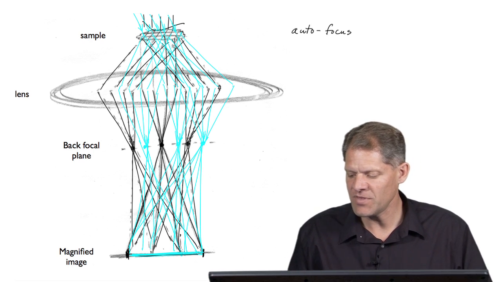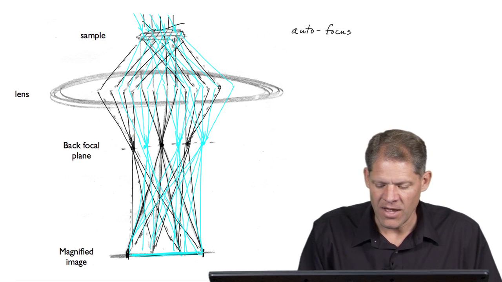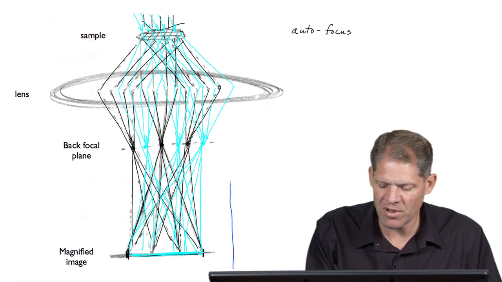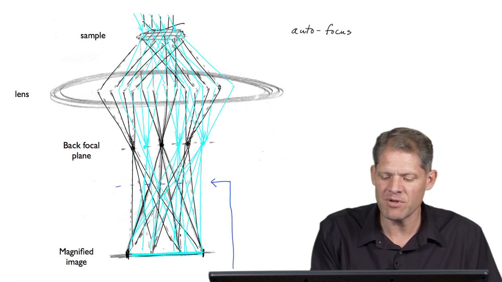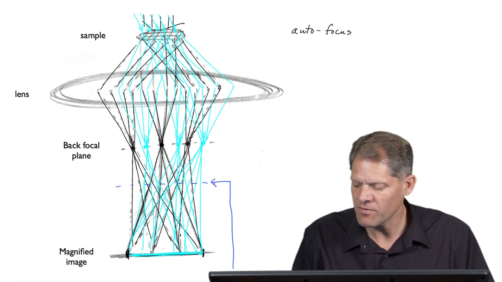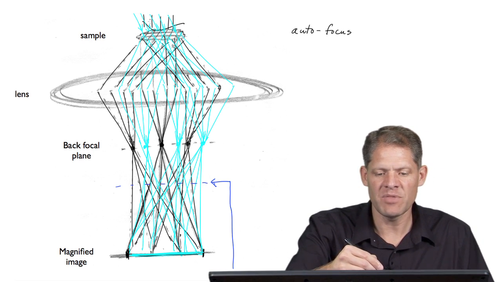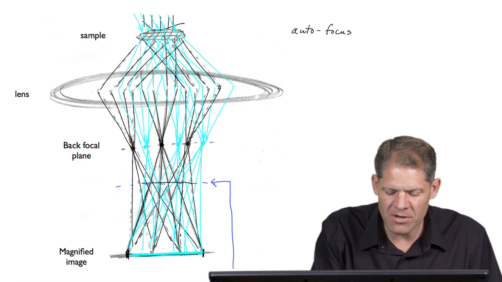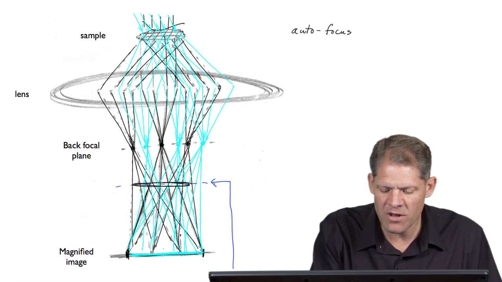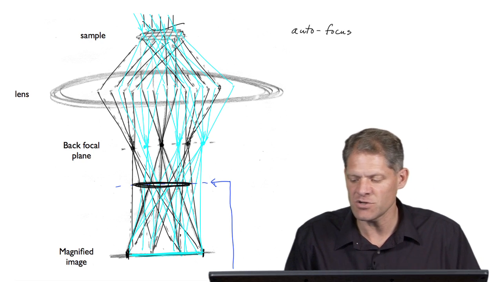For instance, if the detector happened to be conjugate to some plane, let's say here, let's say that is the plane that's being imaged, then what we would observe is that the scattering from the untilted beam would form a blurry image from here to here. This is where the major scattering is in that situation.